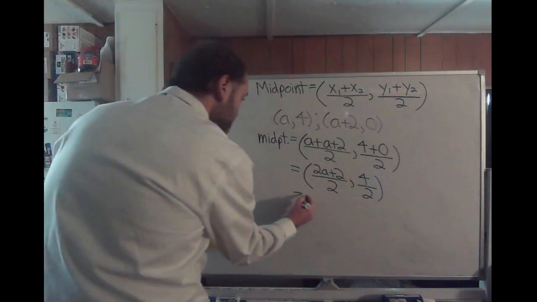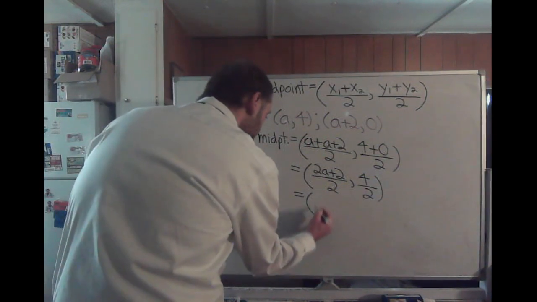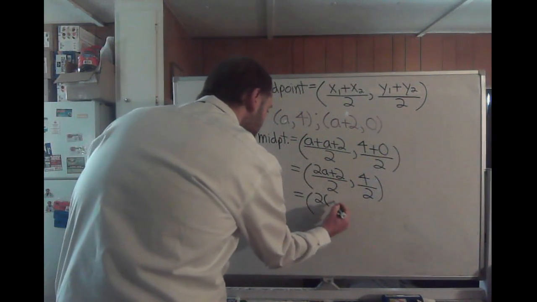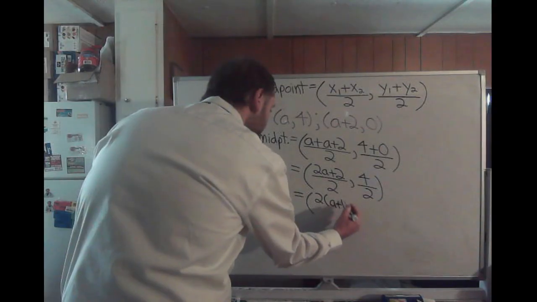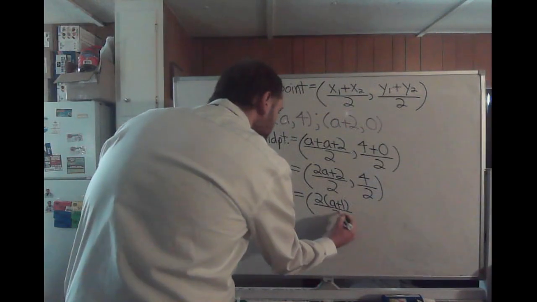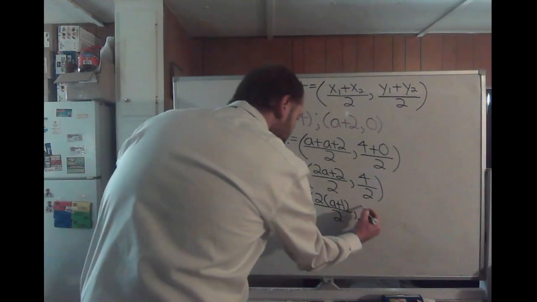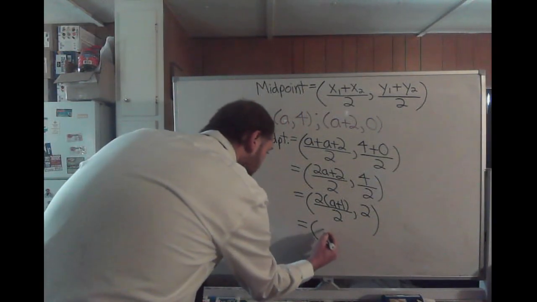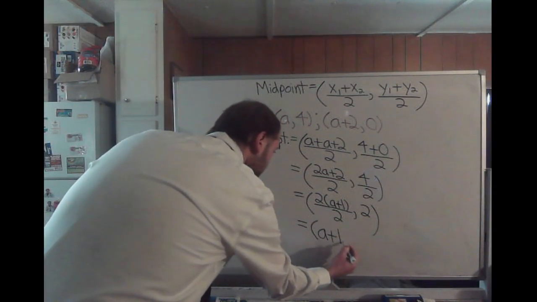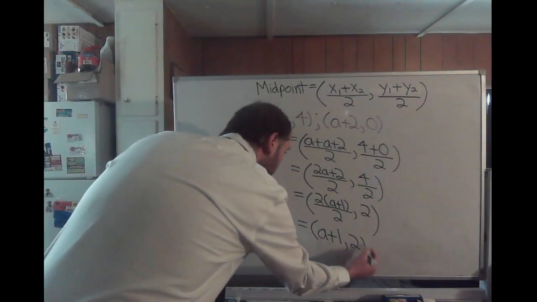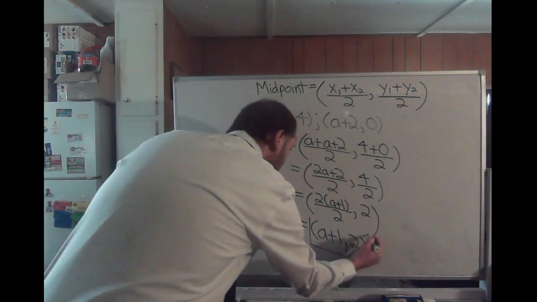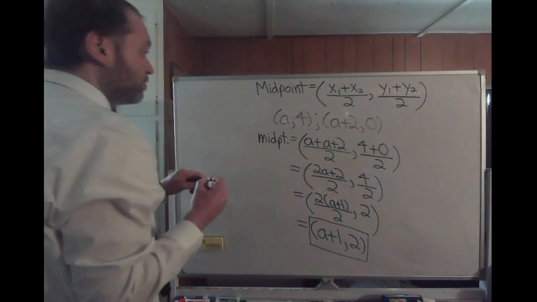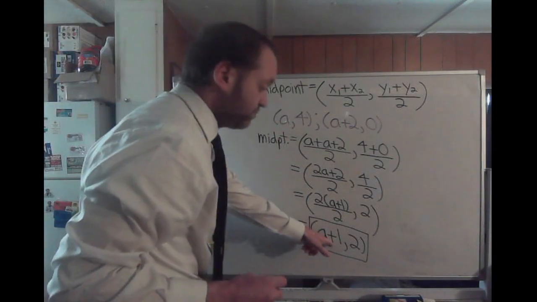Well, we know 2a plus 2, there's a common 2 that factors out, so you'd have 2 times a plus 1 divided by 2, and then 4 halves is 2, which would give you a midpoint of a plus 1, 2. So the midpoint of these two ordered pairs would be a plus 1, 2.